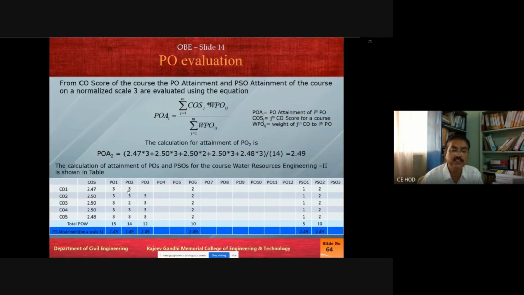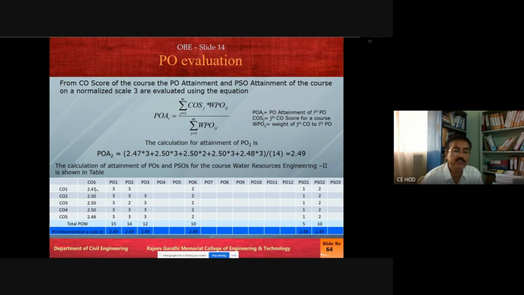After calculating the CO scores, PO attainment is calculated like this, sir. All the CO scores are written here, and the program articulation matrix I am showing here, sir. Now coming to PO2 attainment, that is 2.49. I can explain with the help of this equation, sir.